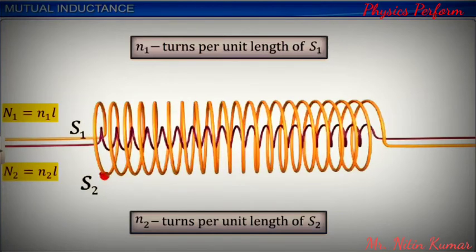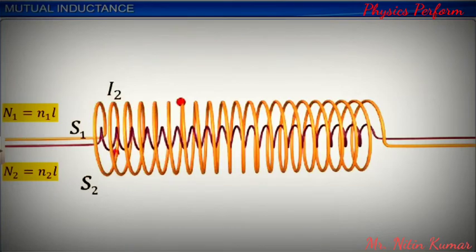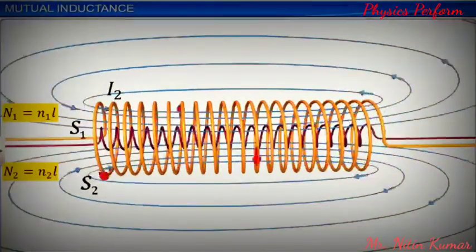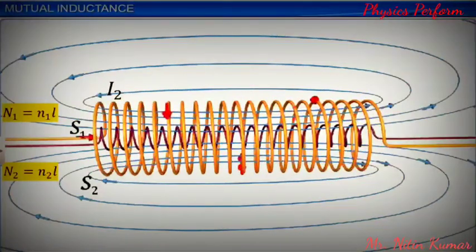When a current I2 is passed through the coil S2, a magnetic flux is set up within the coil and this flux is linked with the coil S1. Let us denote this magnetic flux by phi 1. Let this be the flux per turn of the coil.